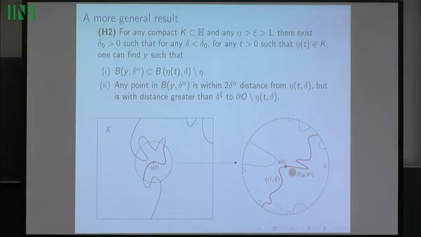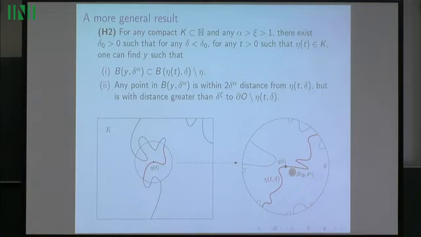Here I zoom in on this disk, I look at this red part of the excursion. It's just the curve starting from eta t and continuing until the first time it hits this circle of radius delta, and also the last time before t that it hits the circle, this red part of the excursion of this curve.